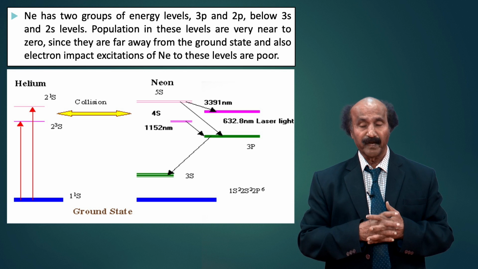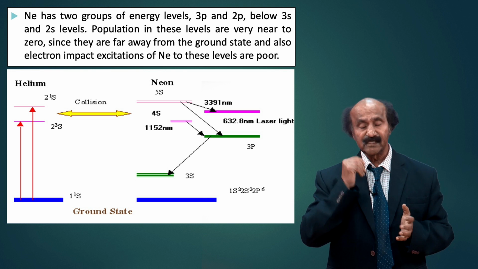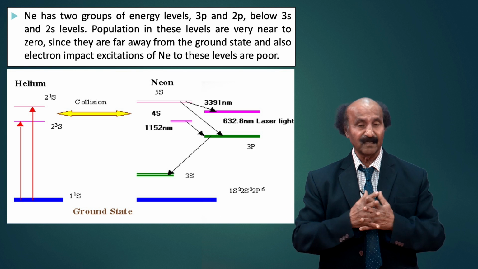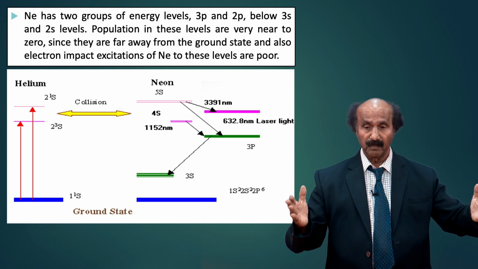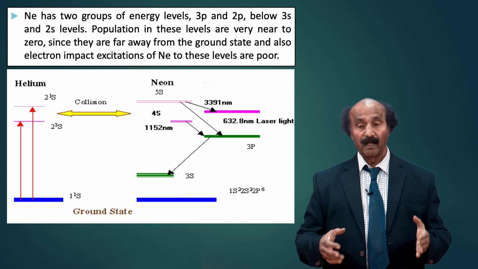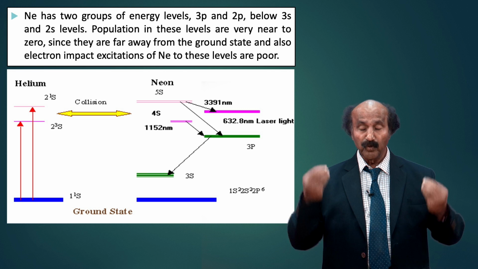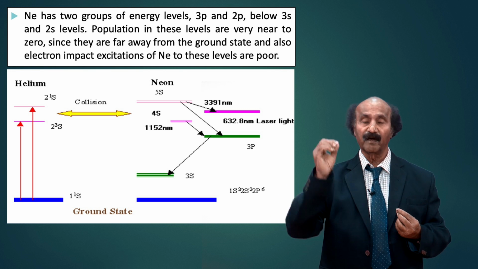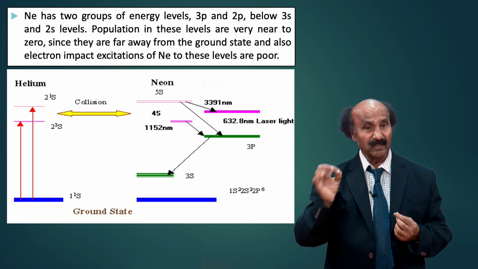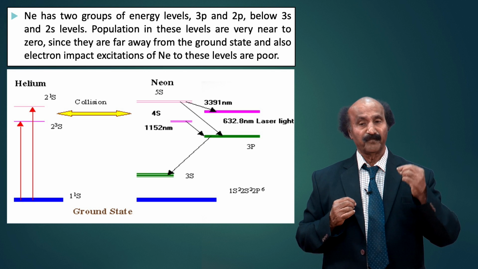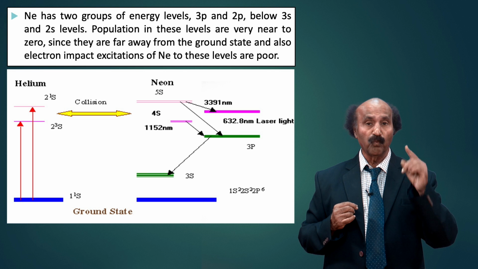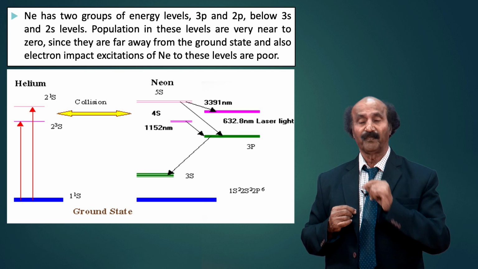Only one more point I want to say. Since this is a very handy laser, and since you have used very good quality mirrors, the purity of the laser is very high. The spectral width that comes out from the laser is about 0.1 nanometer or even less.